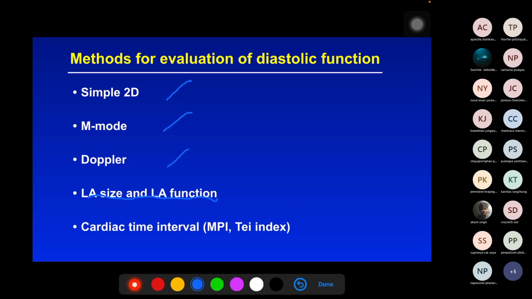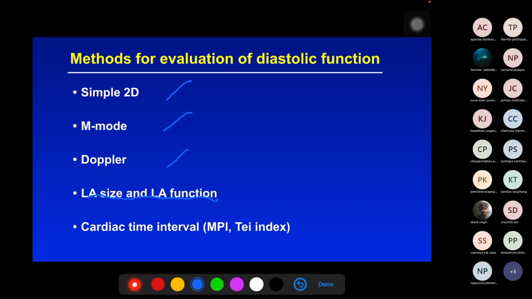When the patient has diastolic dysfunction, it means the LV is stiff. So the diastolic function of the LV is impaired. When it's impaired, it impacts back to the LA. The LA pressure is higher.